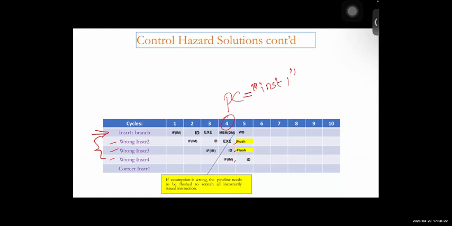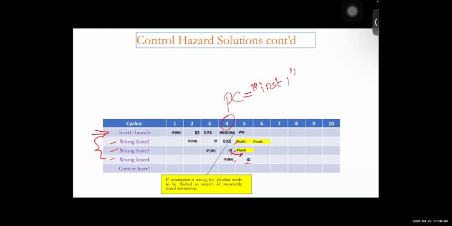Instruction 4 was in the instruction fetching stage, but still entered the instruction decode stage. After that, its execution won't work because the same branch instruction is executed.